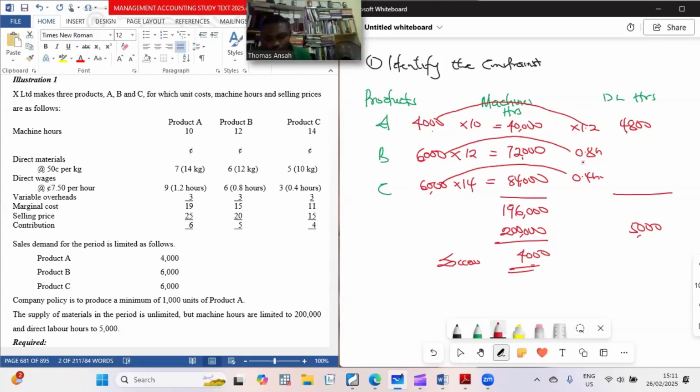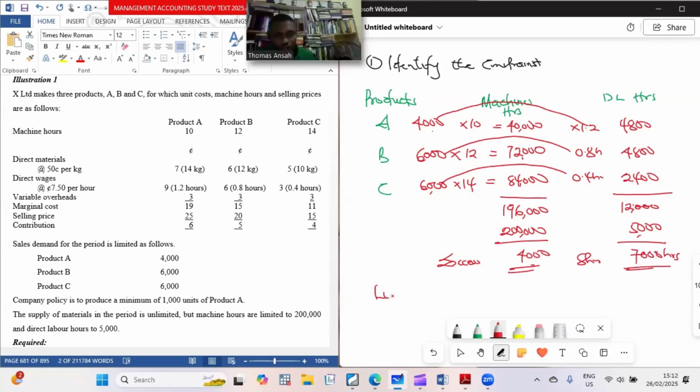So 6,000 by 0.8 is also 4,800. Then 1.4. That is it. So in total, how many hours will we need to produce our products? We will need 12,000 hours. That means there is a shortage of about 7,000 labor hours.